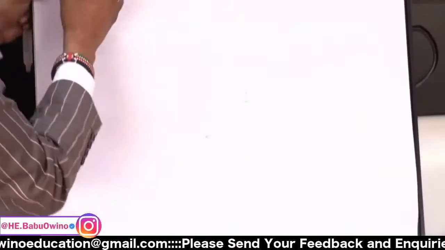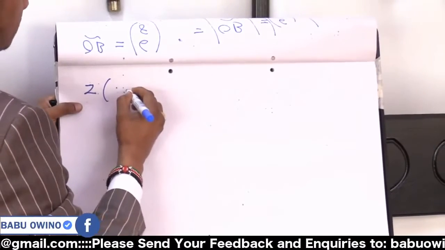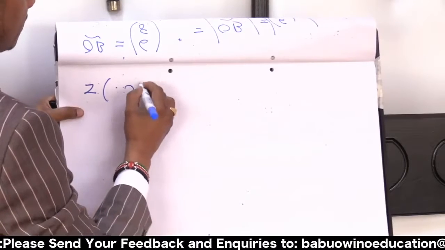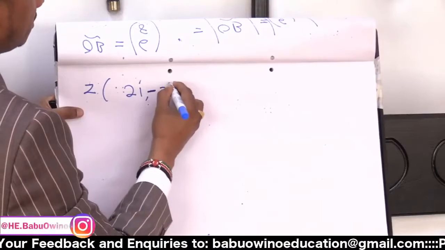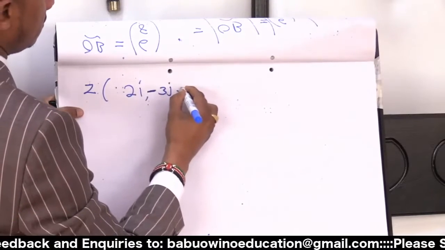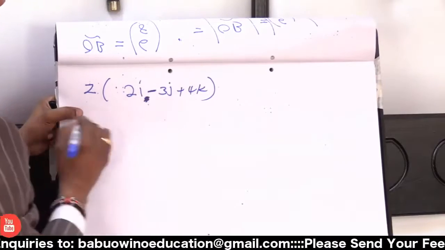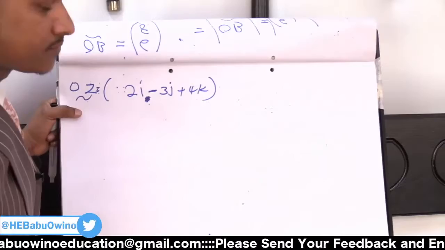Suppose you are given a point Z, and you are told 2i minus 3j plus 4k. This is a unit vector, OZ is that.